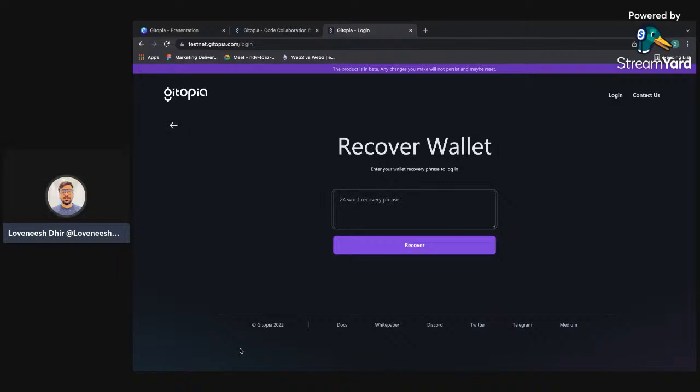Just a second. Where is my JSON file? Okay, so let me create a new wallet for you so that it makes more sense to you as well.